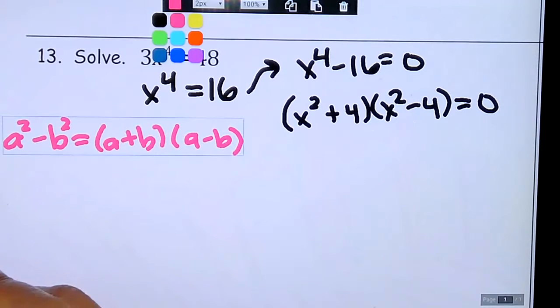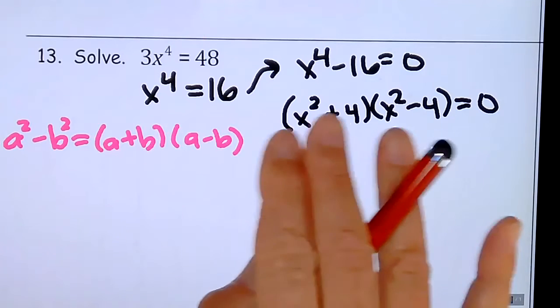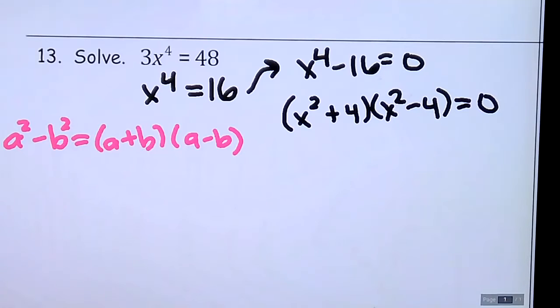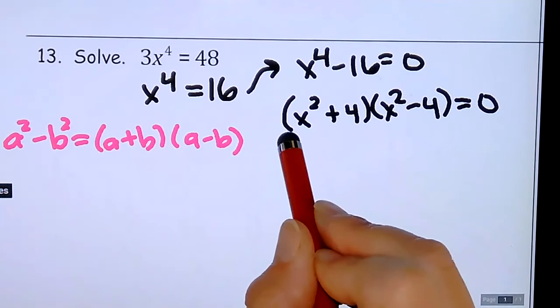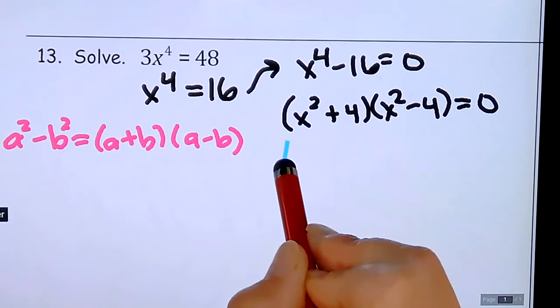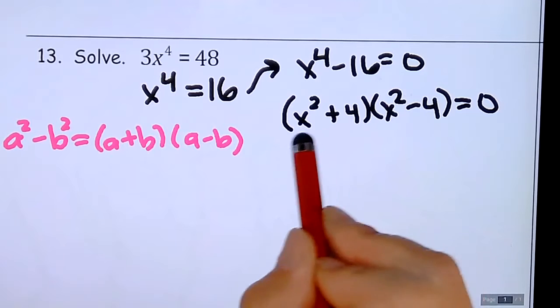Now, if you don't do this, you're going to not get all 4 of your solutions. So you want to do it in this type of a format, okay? You want to factor it. So what do I mean by that? Well, here, if I wanted to factor this, when I say factor, I mean over the imaginary numbers.